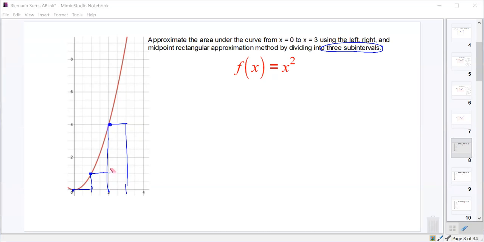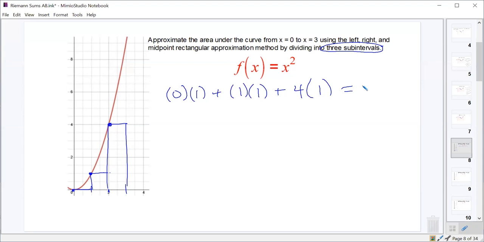Spectacular. So the height of the first rectangle was 0 times its length, which was 1. Then the height of the second rectangle was 1 times its length, which was also 1. Plus the height of the last one was 4, and that one had a length of 1 also.